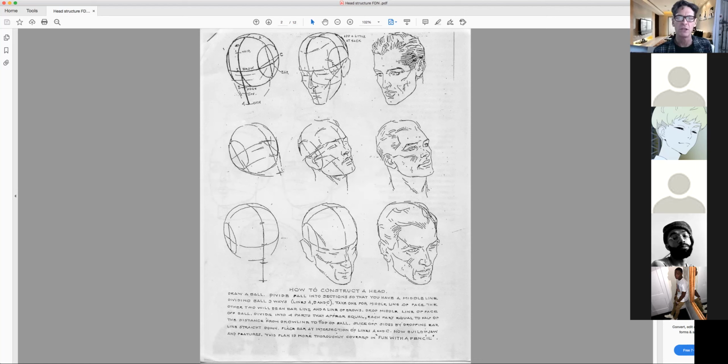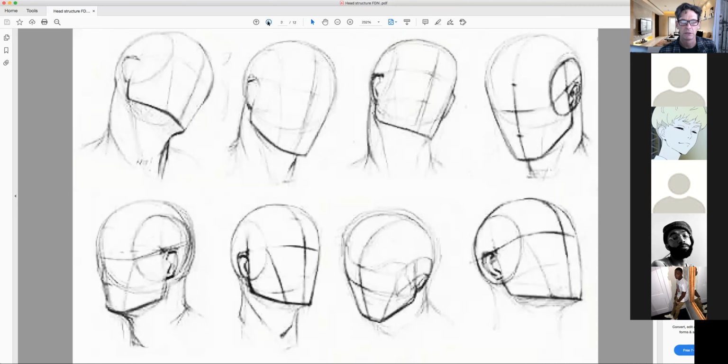Also notice in these drawings that there's a sense of where the form is turning, meaning where the cheekbones come in and are dividing the front of the face from the side. And you can see it in here too. But it's also thinking about center line the same way we were in the first sheet I showed you.